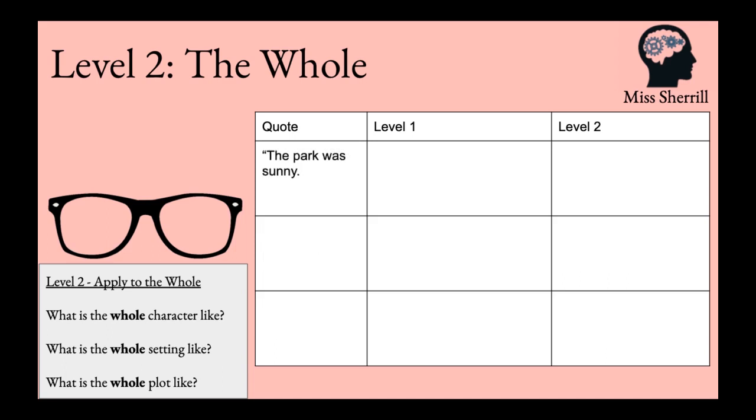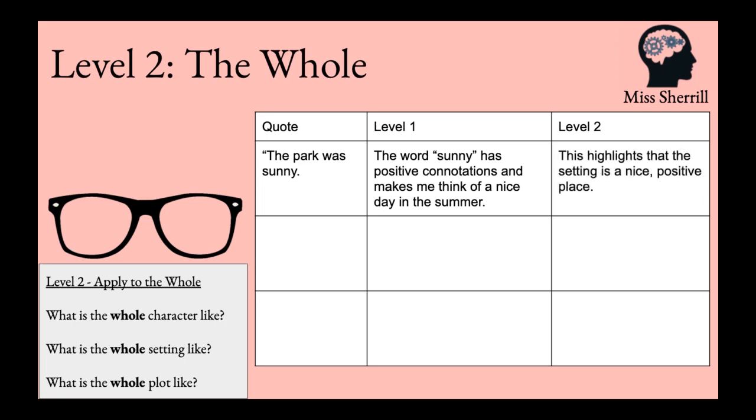The park was sunny. When we see the park was sunny, the word sunny has positive connotations and makes me think of a nice day in the summer. So, if I'm talking about the setting and the word sunny at level 1, which is a word, level 2, I could say that this highlights that the setting is a nice, positive place. Moving on. The boy gazed at her.